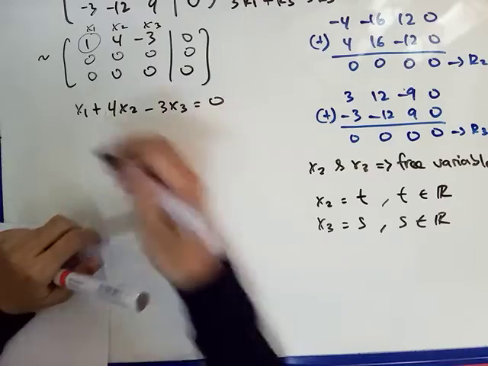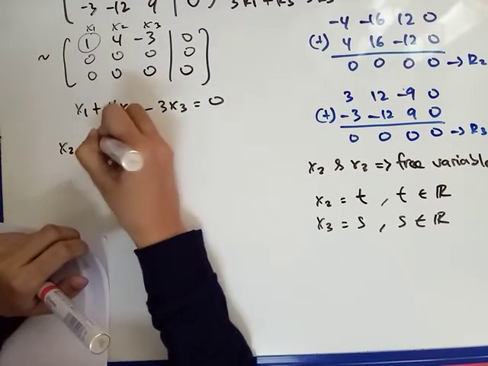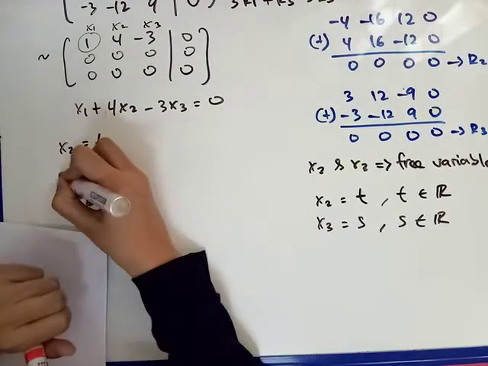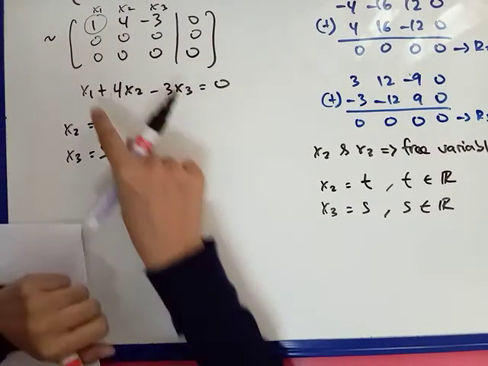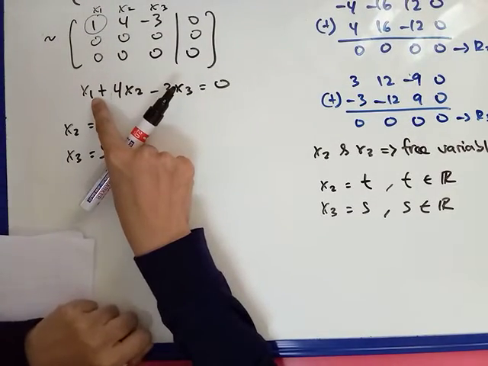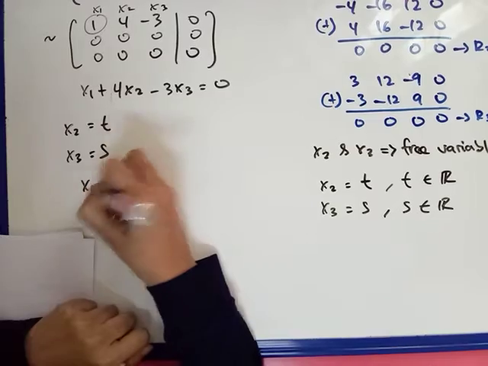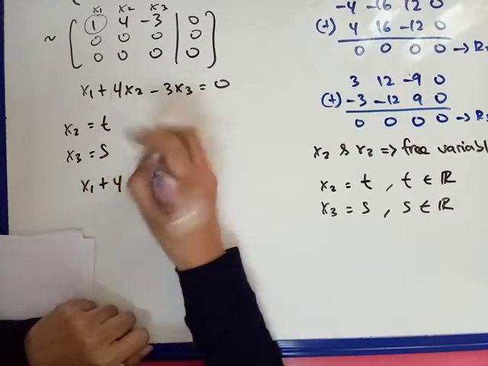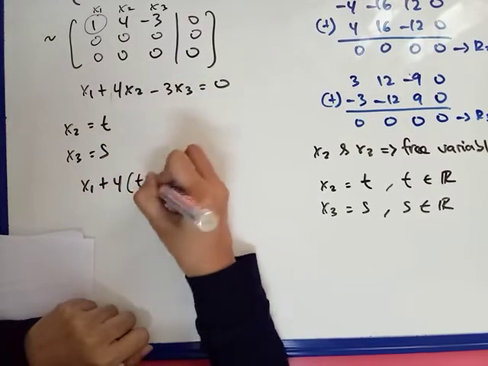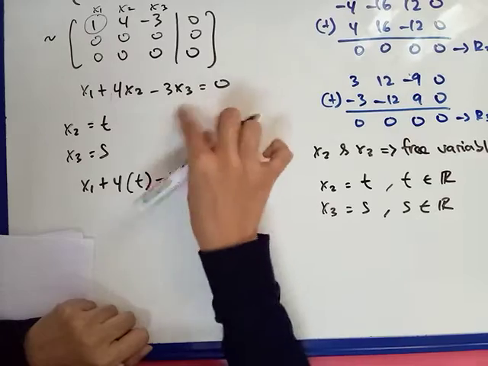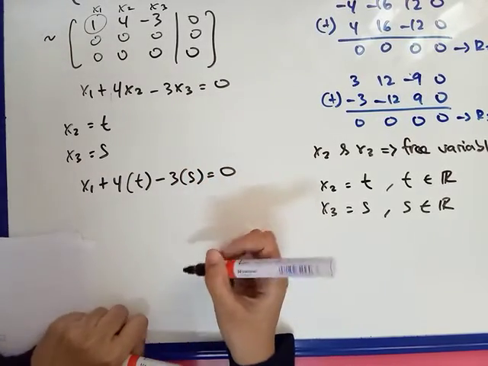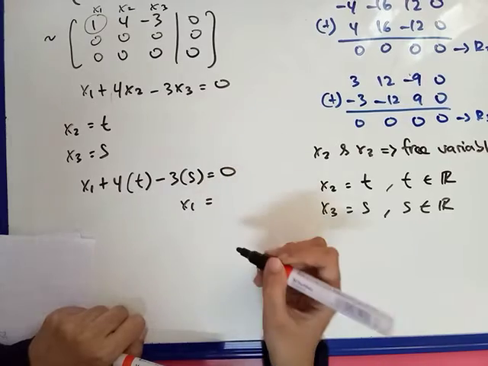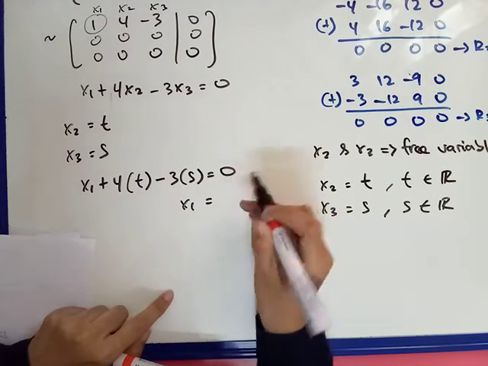Since x2 is t and x3 is s, therefore we can find the value for x1. That means x1 plus 4t minus 3s equals 0.